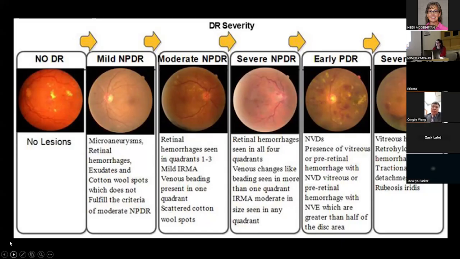Afterwards, we escalate to proliferative diabetic retinopathy, which can be early or severe, and there are different features to define each stage.